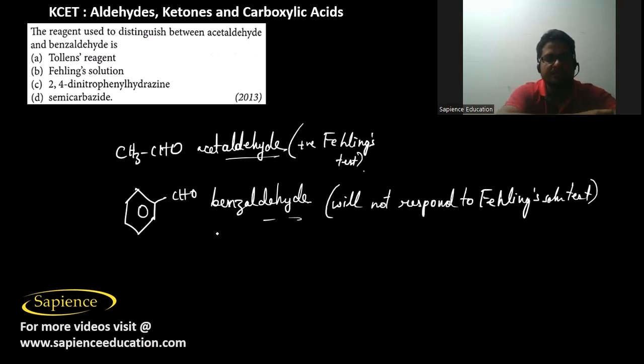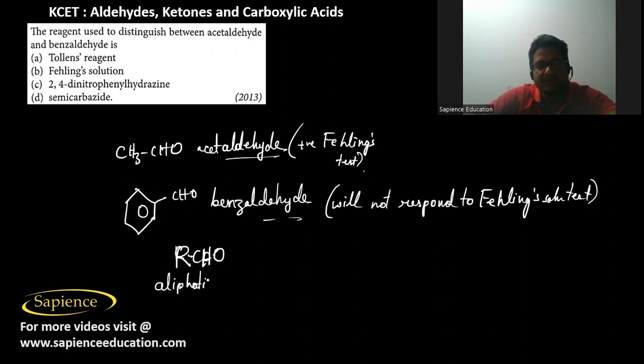Why? If we have aliphatic aldehydes, RCHO, where R is some alkyl group, so here we have aliphatic aldehydes.